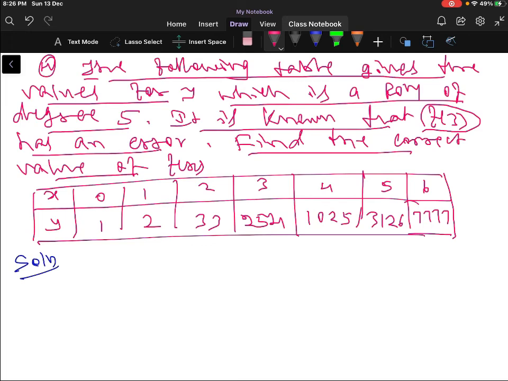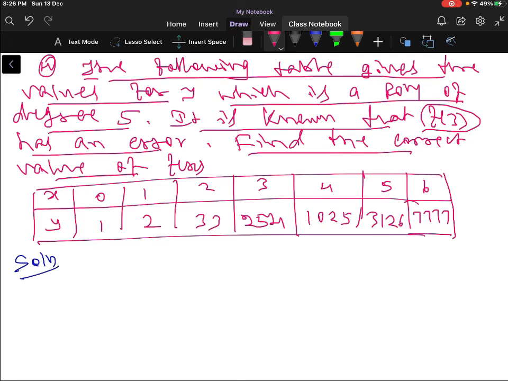So data are given. X equal to 0, the corresponding y is 1. At x equal to 1, y is 2. At x equal to 2, y is 33. At x equal to 3, y is 254. At x equal to 4, y is 1025. At x equal to 5, y is 3126.